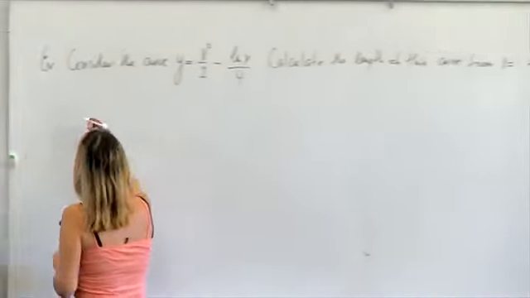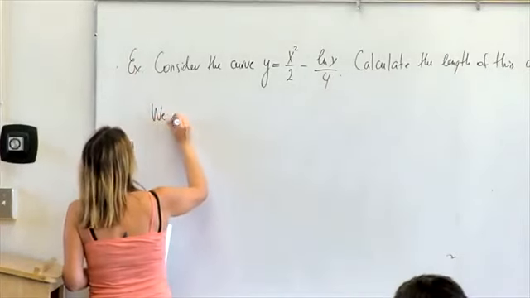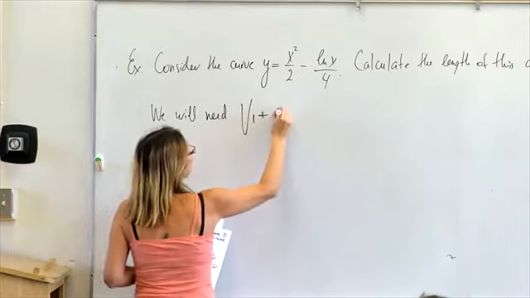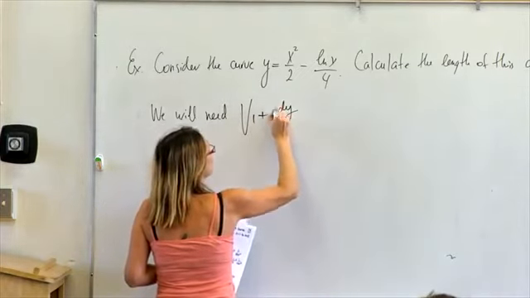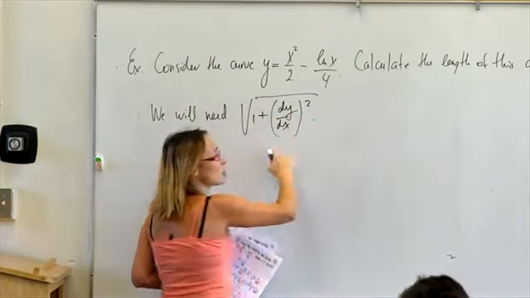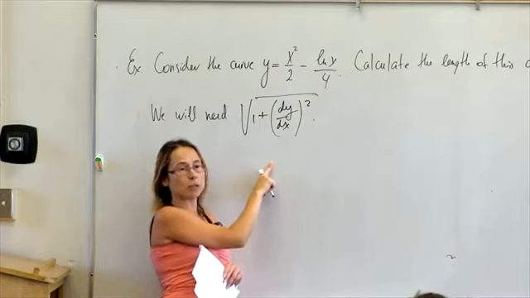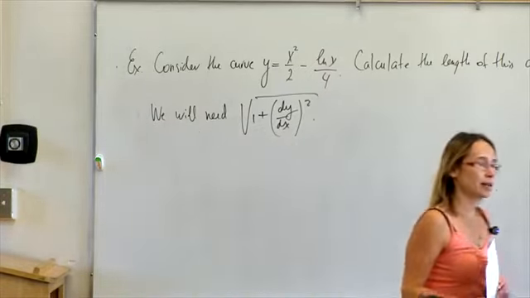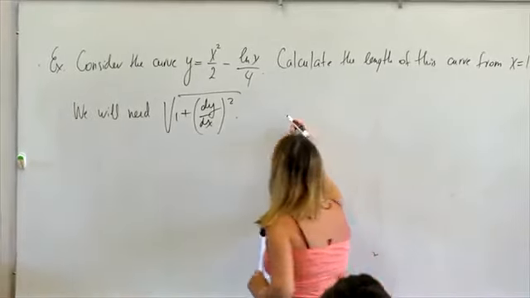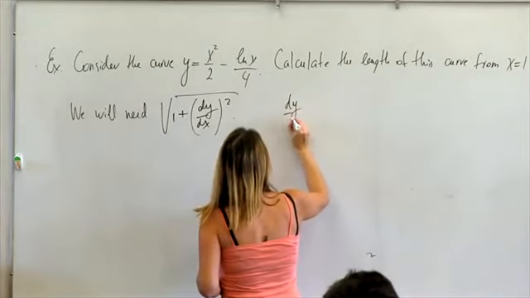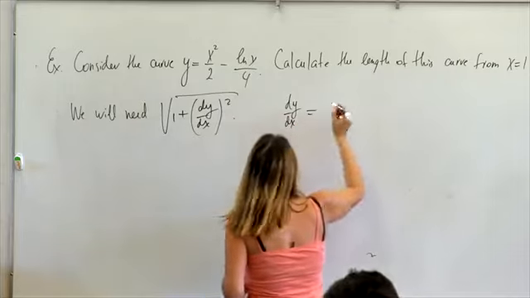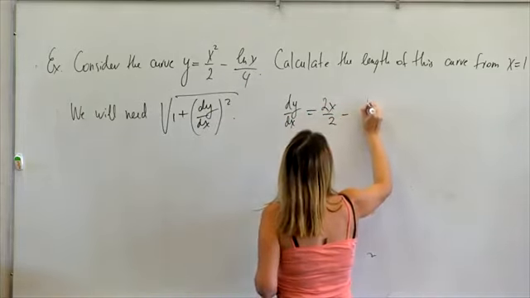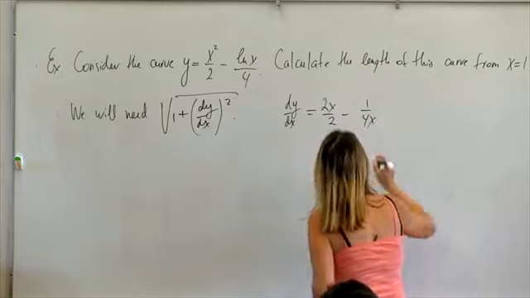Okay, so what do we need? We will need the square root of 1 plus (dy/dx) squared, right? So this is the object that we always have to calculate when we measure the arc length. So we do it step by step. First, let's calculate dy/dx. So this is 2x over 2 minus 1 over 4x, right?